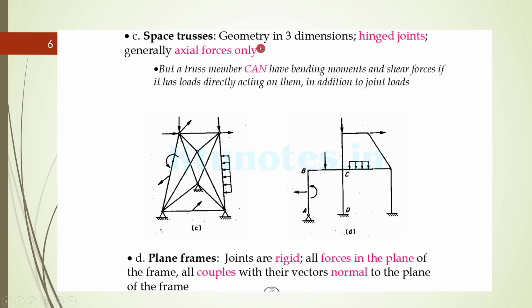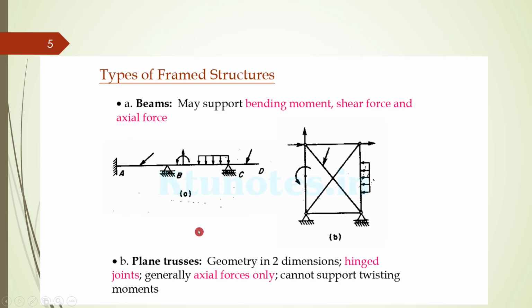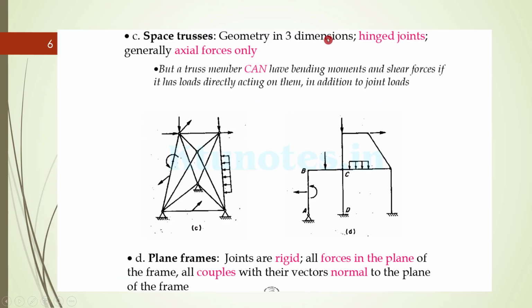In the case of a space truss, it's an extended version of the plane truss, where the geometry is available in three dimensions. There will be a Z dimension also, and here also all the joints will be hinged, and it is also supposed to carry only the axial forces coming on the individual members.